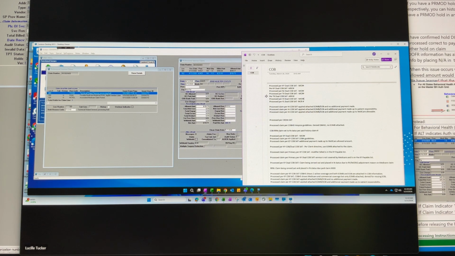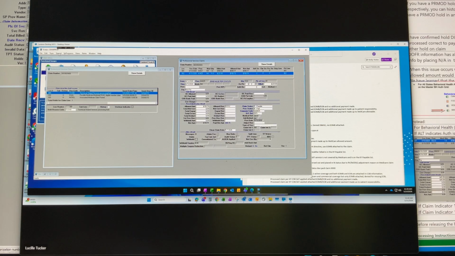Lucille, are we adding a note to the Medicare claim so that if somebody looked at the Medicare claim, they'll know that it was already coordinated, and give it the claim number? Is that the reason? The reason is the SAT tells us to. I was just looking at the logic behind it, because I can very easily determine what the Medicaid claim is here.